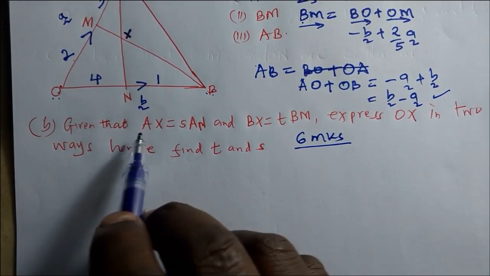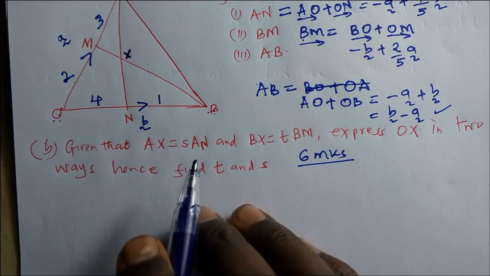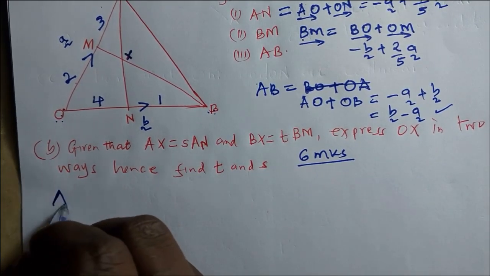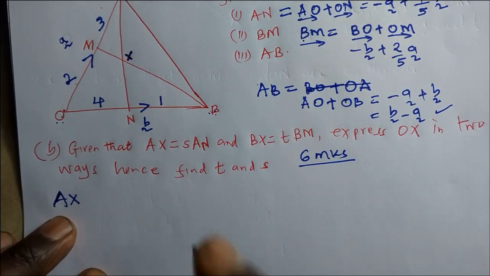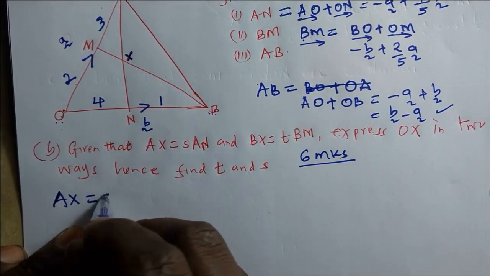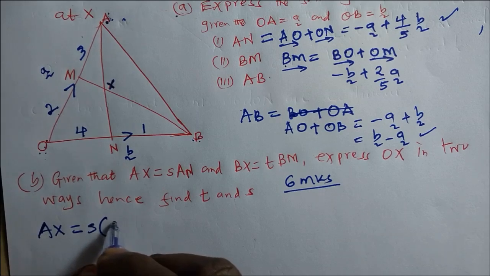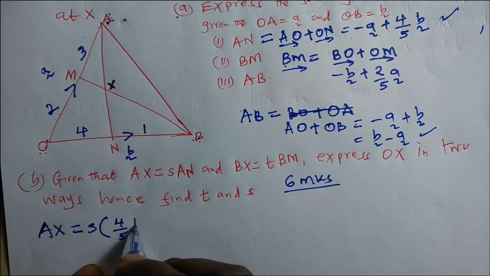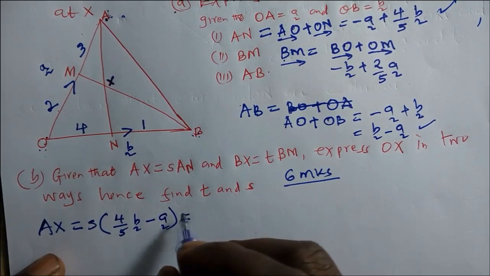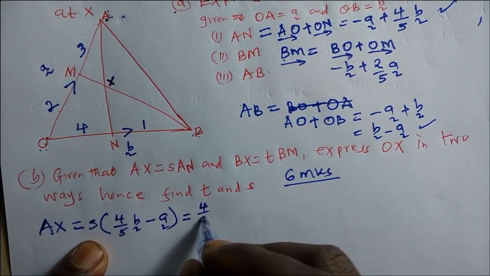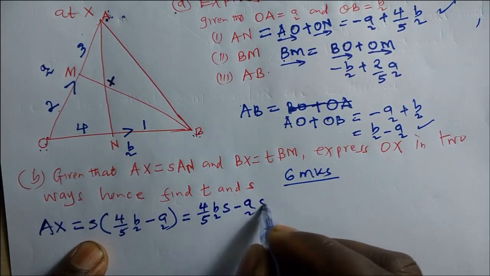We have been given that AX is S AN, so we can simply start by getting AX. AX is equal to S into AN, but we have AN, which is 4 over 5 vector B minus A. So this AX will be 4 over 5 vector BS minus AS.